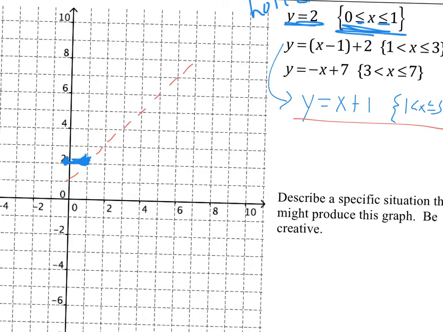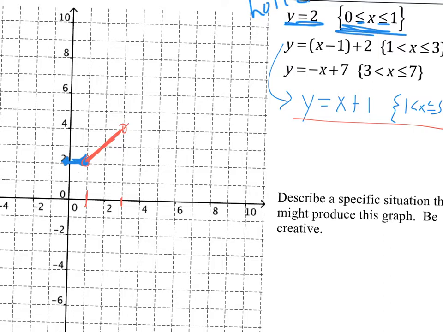This is only occurring between 1 and 3, so here's 1, that's my starting point, and here's 3, that's my ending point. Between those 2 points, I care about that line. Anywhere outside of there, I don't care at all. We also get an interesting thing happening where we have a closed circle and an open circle overlapping. That just means that it connects at those points. There's a point there, so we don't have to worry about that.